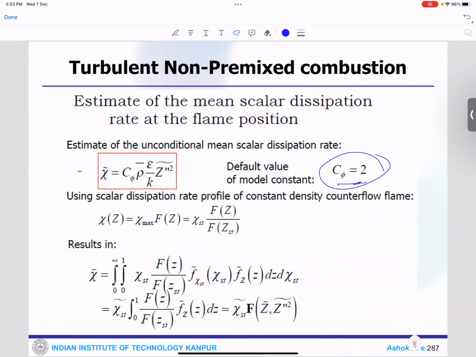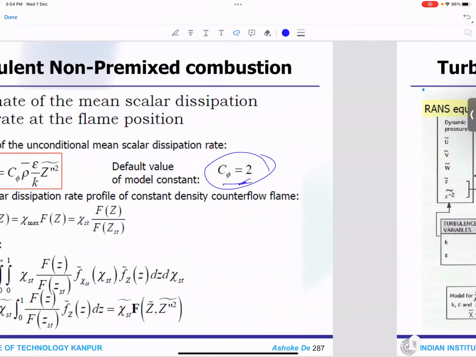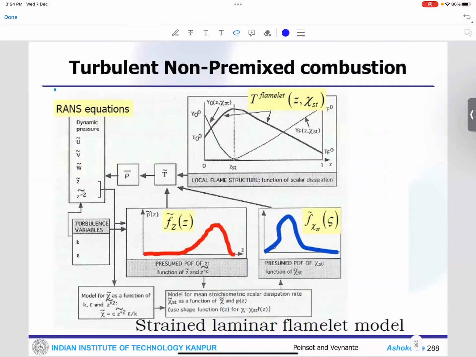So one has to be careful. As I said, these models always work for a large section of the flows or flames, but there could be some exceptions where this constant fails. Otherwise, what you show now is a strained laminar flamelet that you have pre-computed.